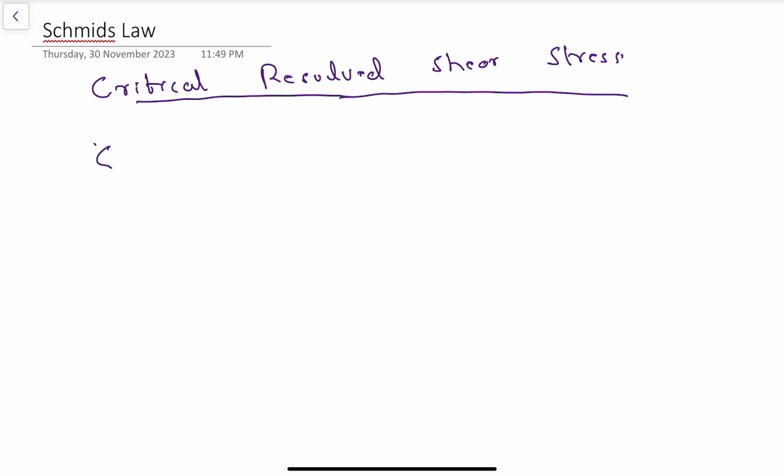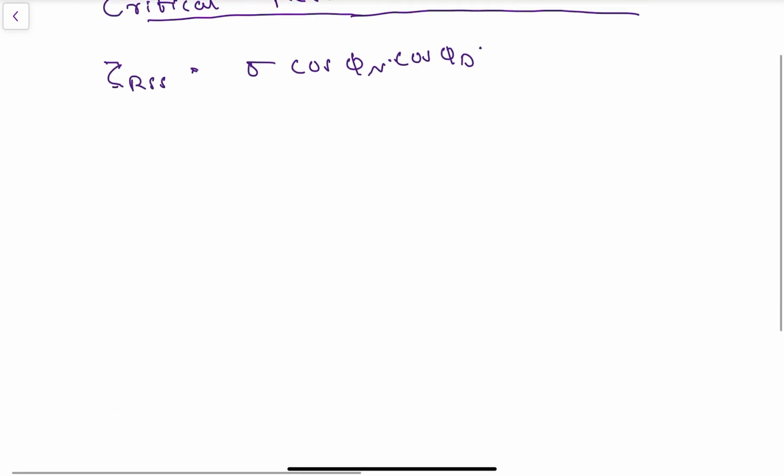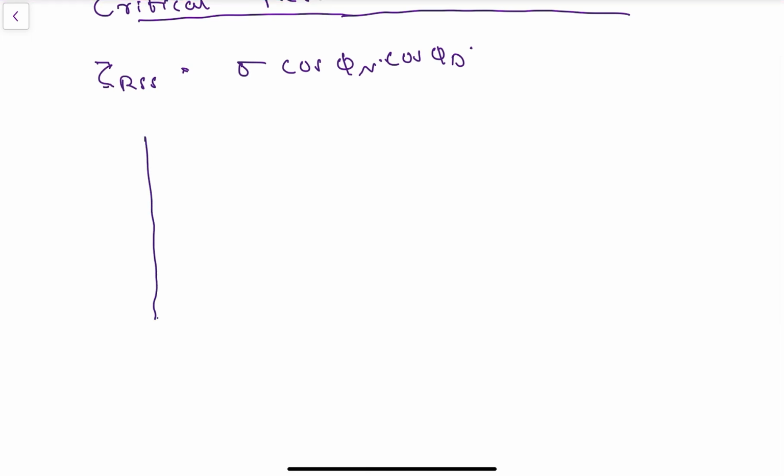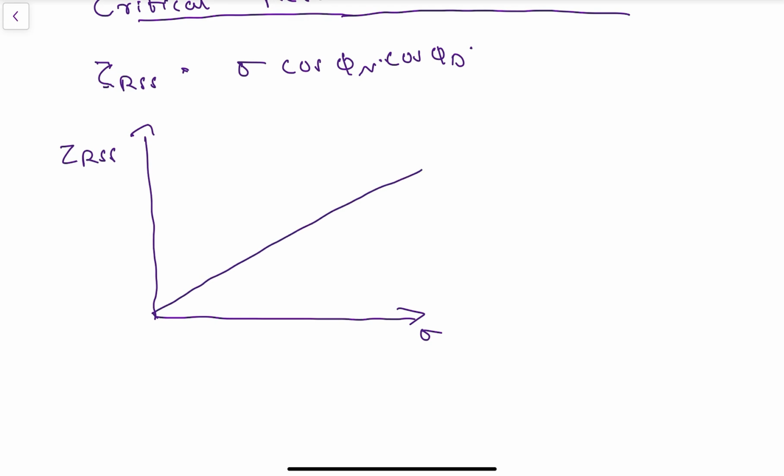So, resolved shear stress. In the last lecture, we have seen that the formula is sigma cos phi n cos phi d. If you plot RSS and sigma, you can plot a linear plot here.